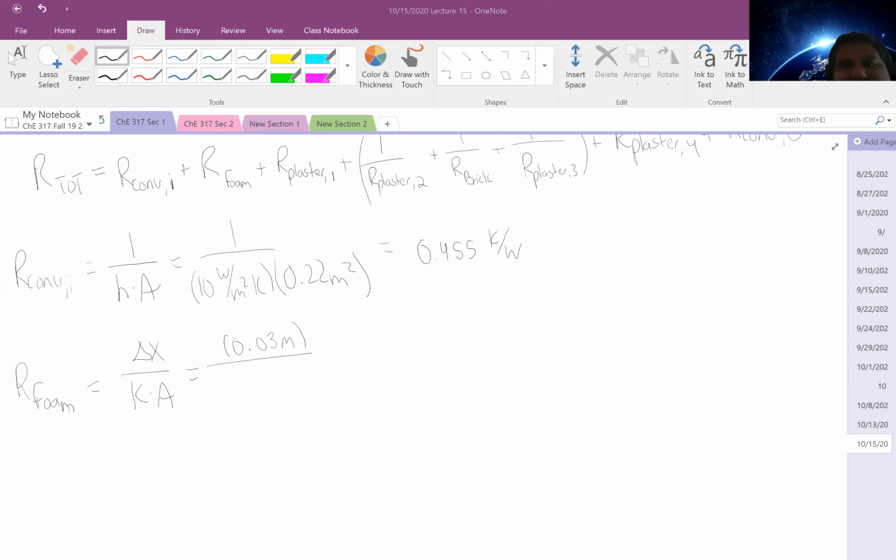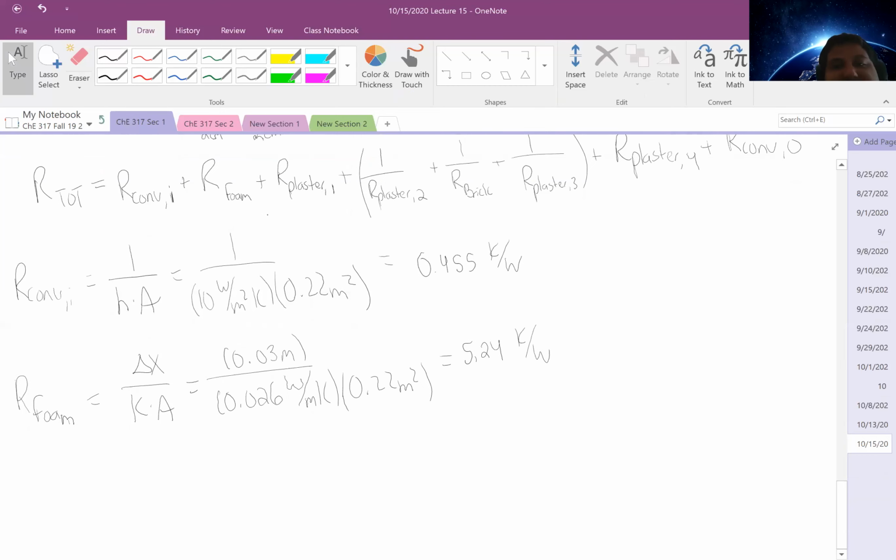The thermal conductivity, as provided in the problem for my foam, is 0.026 watts per meter Kelvin, and the area is 0.22 square meters. So I get a value here of 5.24 kelvins per watt.